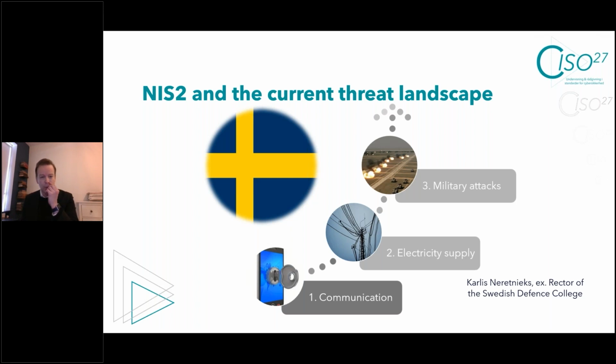I'm taking some references here to Carlis Neretniks, an ex-rector of the Swedish Defense College. What he presented here, I think, ties very much into what NIS2 is all about. A conventional war is probably not just going to start by tanks rolling across the border. It's going to start by cut communications lines. It's going to start by lack of electricity supply. So the attacker's path ties fully into what NIS2 is all about.